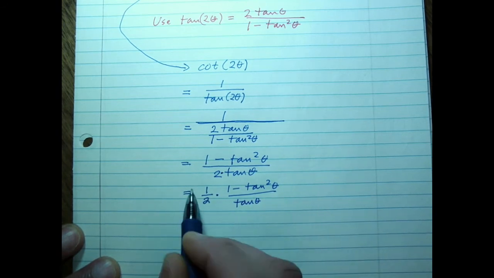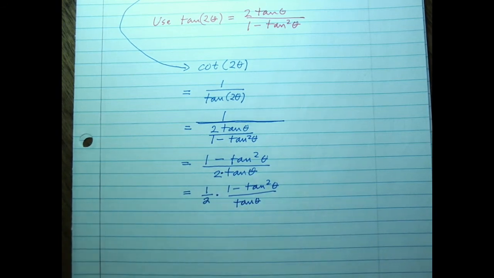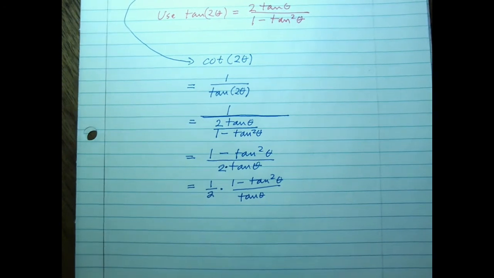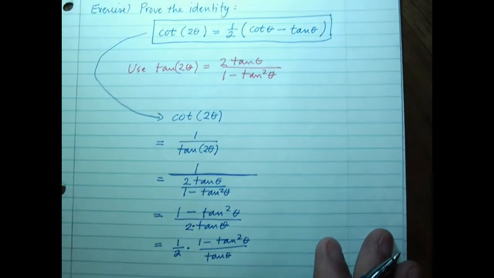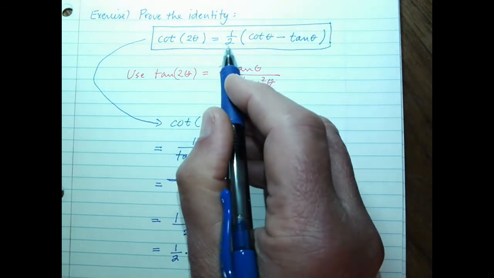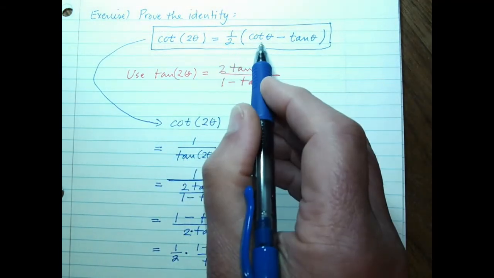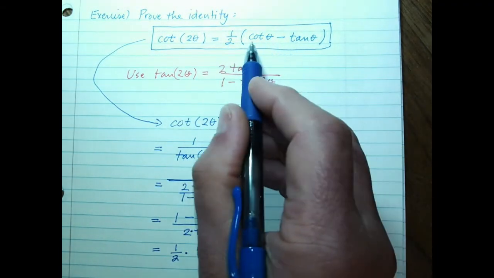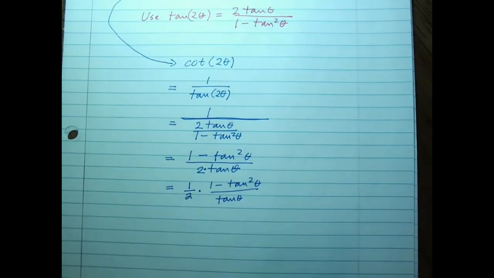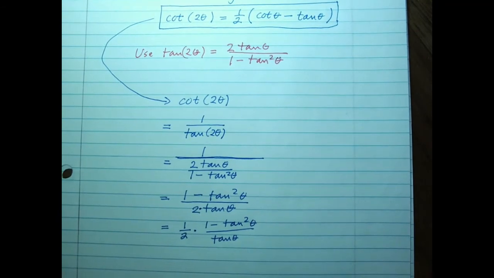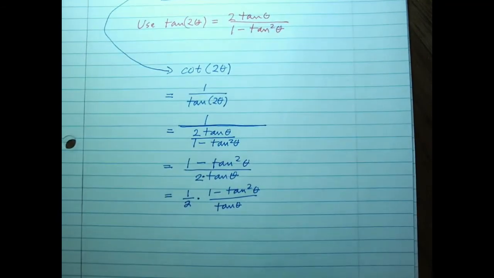If you multiply this out, you end up with exactly the same thing we have in the line above. So I actually got my 1/2 that we're trying to aim for. Now my goal is to try to get a difference here. And I'm feeling like we're getting somewhere.